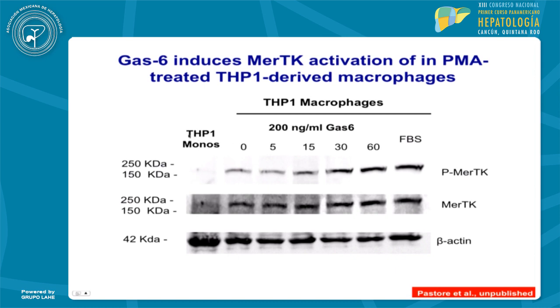With a differentiation protocol using PMA, they express at very high levels MERTK, and this MERTK may be activatable by exposure to GAS6, that is the ligand. You can see here the phosphorylation-specific antibody showing very nicely phosphorylation of this molecule.